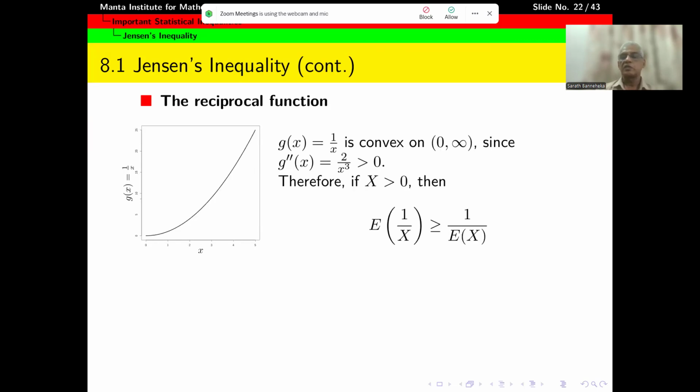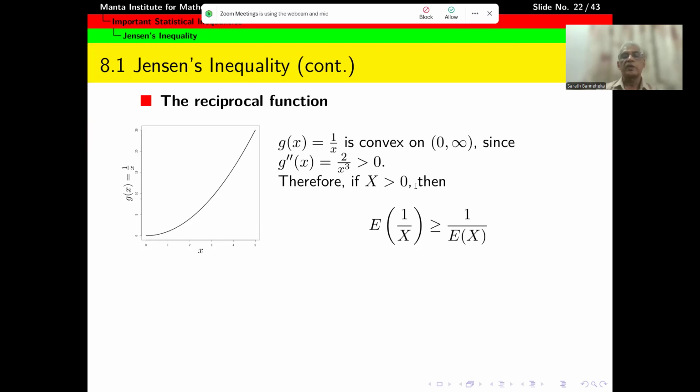If you consider g(x) equal to 1 over x, again, you can see that is convex on this part of the real line from 0 to infinity, excluding 0. On that part, this is convex. You can see that this is always positive on this subset of the real line.